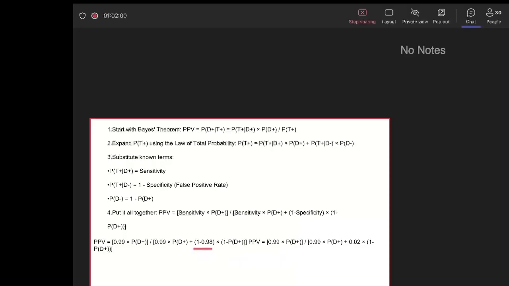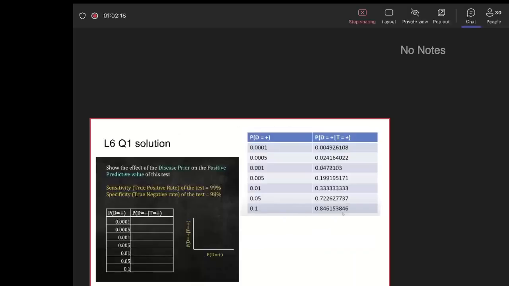So here you get 1 minus 0.98, and finally this 1 minus 0.98 is becoming 0.02. So now we have to plug in the different values of disease positive rate that is given in the question. And if we plug in the values, these are the values that we will get.